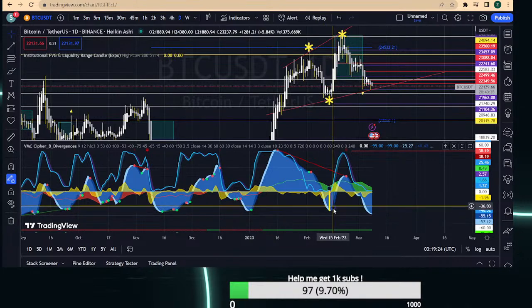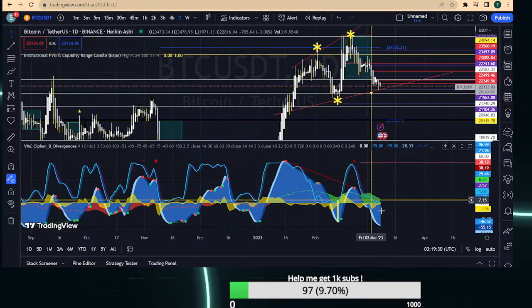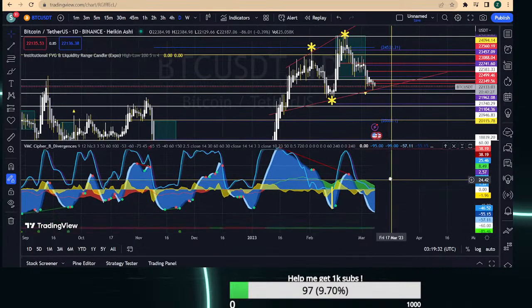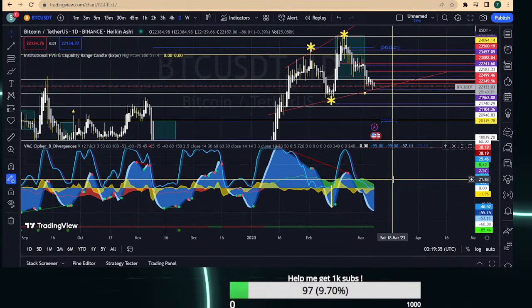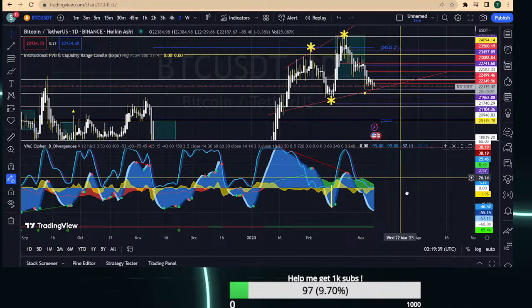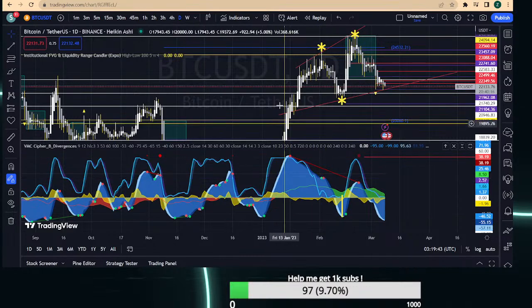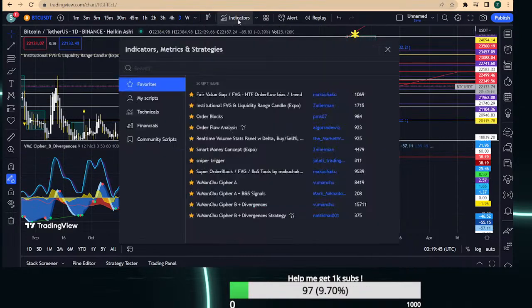But this is basically the confirmation of the buy, because a lot of the stuff is lagging. I don't think there are really many indicators that exist that can actually predict the future. But this is one of them that can get as close as it can get, basically.